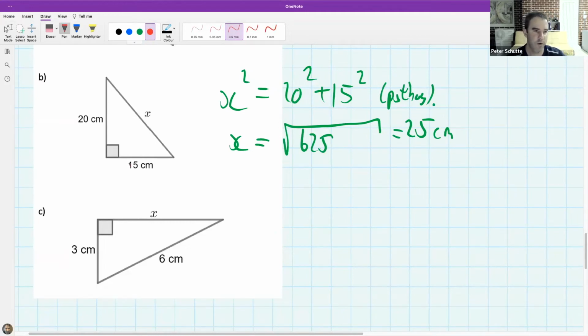So in this one, we want to work out what that is. Now, sometimes there will be decimals, that's fine.